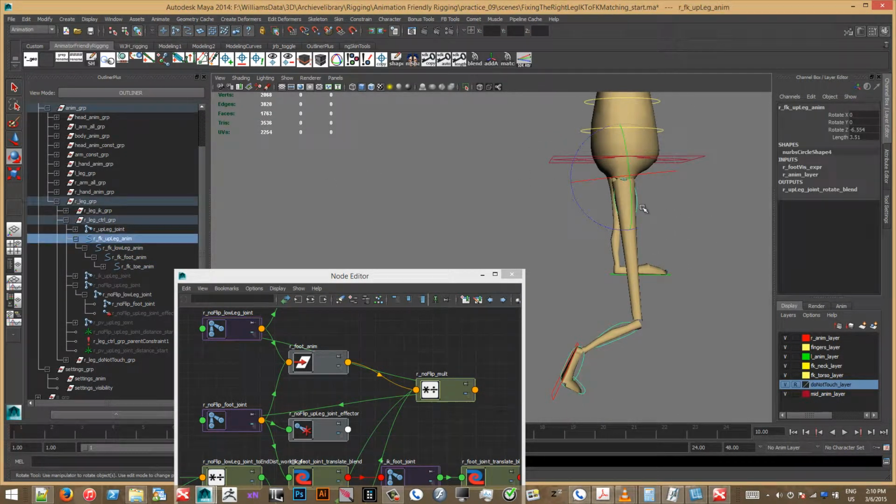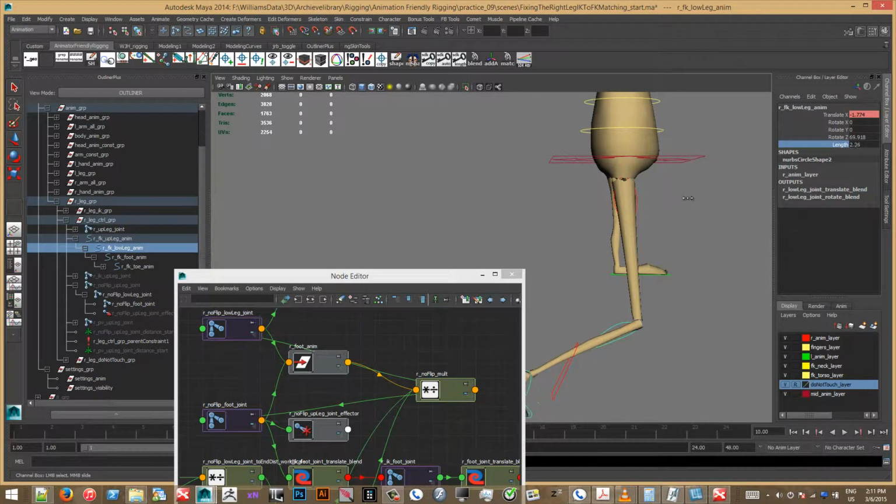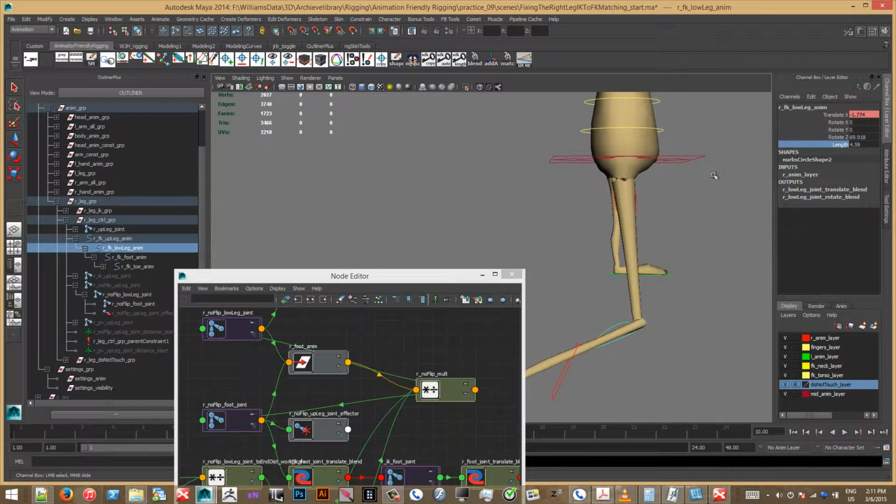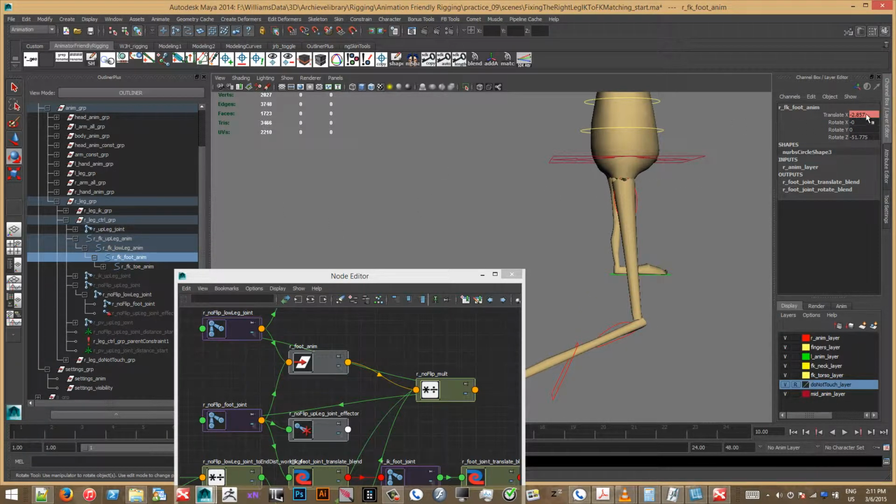So when you manipulate the length right here, you are impacting the translate X of RFK low leg anim. And if you go to the low leg and you change the length around, then you are impacting the translate X of RFK foot anim. Right? So if I change that, you see that this changes too.